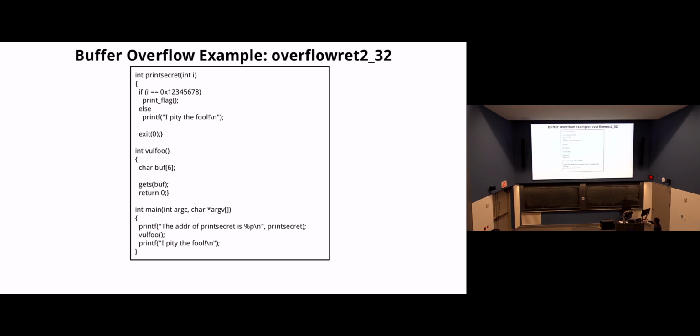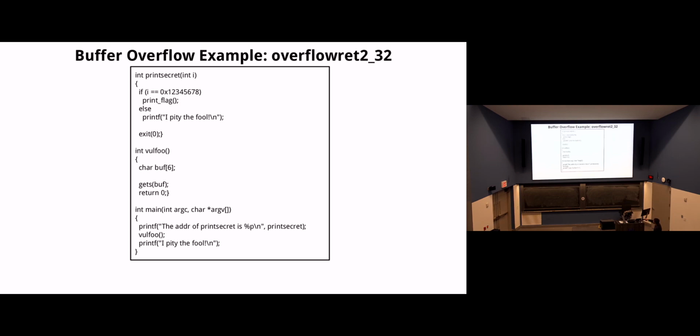In this one, we are not going to directly call print flag. We are not going to override the address directly to print flag. It works, but we're not trying to do that. We're trying to go to the print secret function, and print secret will take an argument, which is an integer in this case, I. If I equals this number, it will print flag. Otherwise, it will pity the fool. There are many ways to solve a challenge like this.